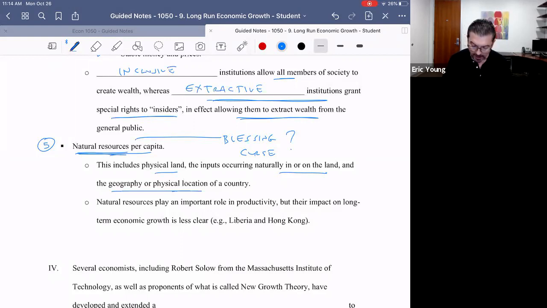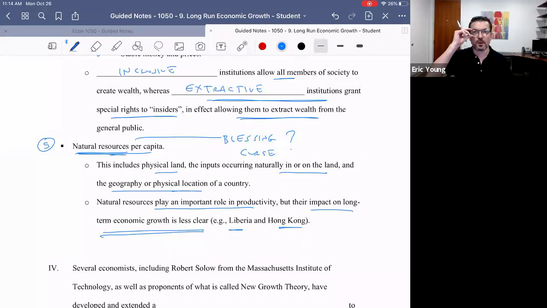Let's summarize it this way. Let's say that natural resources probably do play an important role in productivity, but that their impact on long-term sustainable growth is less clear. The classic example here is the contrast between Liberia and Hong Kong.